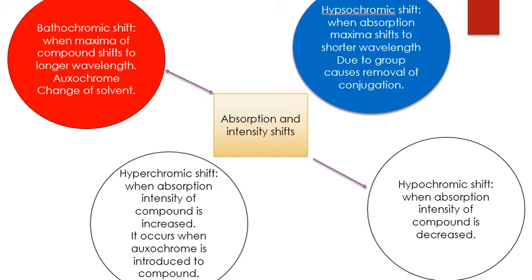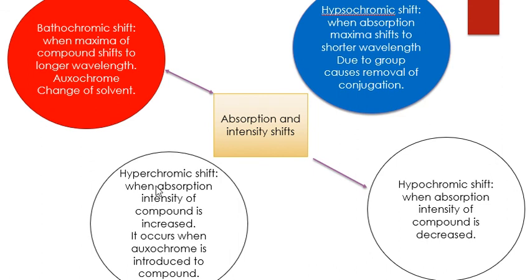In opposition to the bathochromic shift, we have the hypsochromic shift, that is when the maxima shifts to a shorter wavelength, so when we change the concentration of the solvent it starts absorbing radiations with a shorter wavelength, and this is called hypsochromic shift.